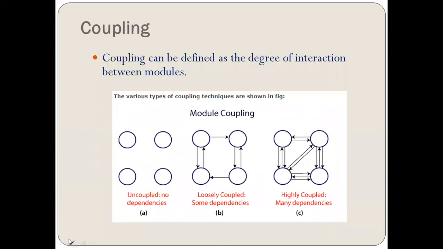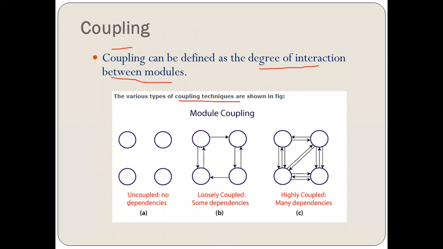Now let's understand what coupling is. Earlier we were talking about the degree of interaction within a module, but here we are talking about the degree of interaction between different modules. That is defined as coupling. Coupling can be defined as the degree of interaction between or among different modules. Now there are various types of coupling.